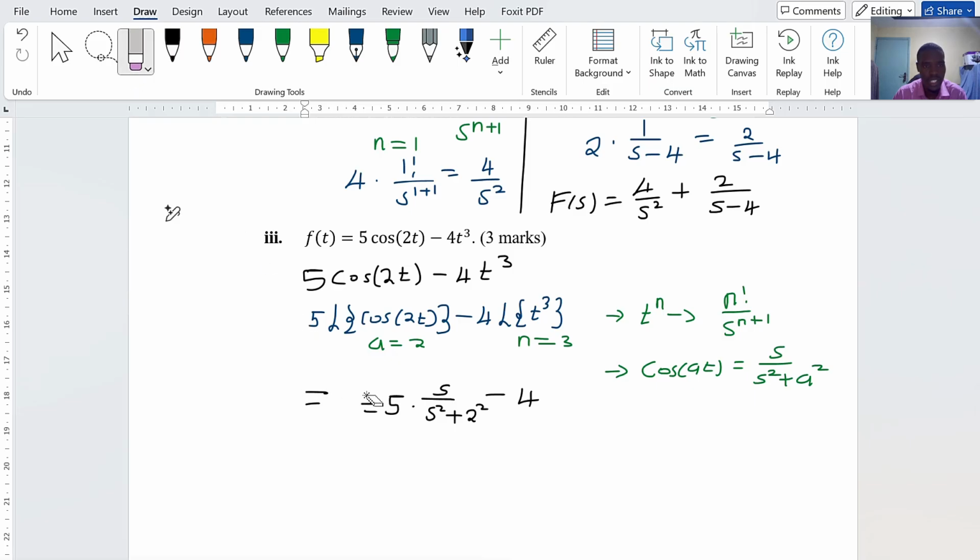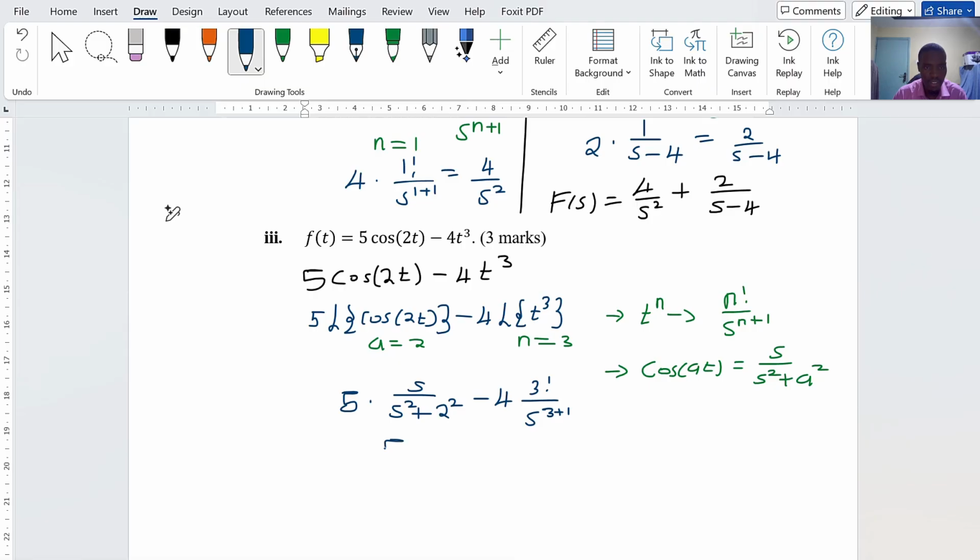I think I needed to work this out before I have the final thing. So we are going to have 5 times, cos 2t is s over s squared plus a squared, but a is 2, so 2 squared, then minus 4. For t cubed, our n is 3, so 3 factorial, divided by s power 3 plus 1.